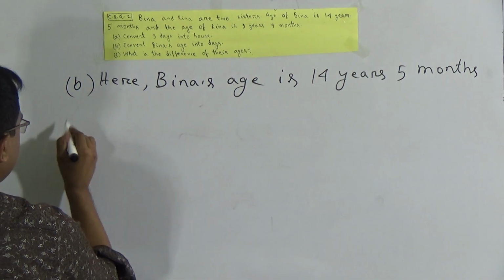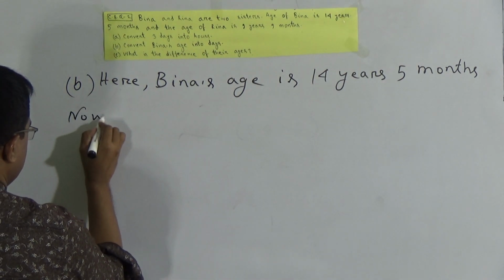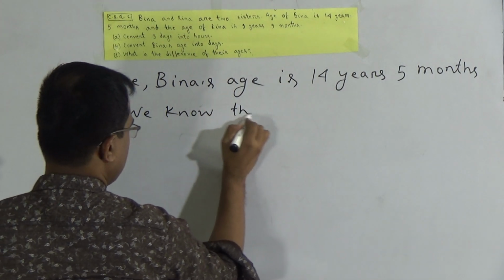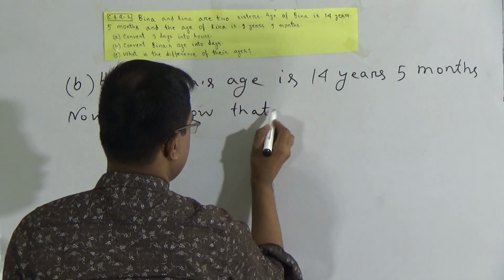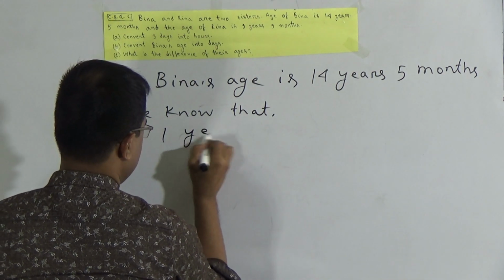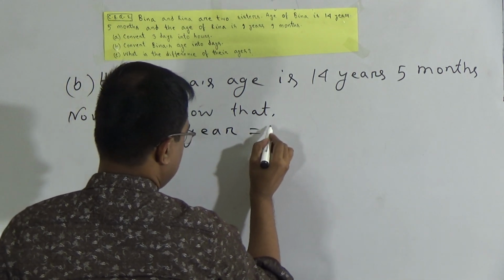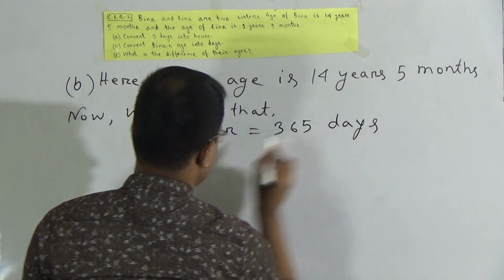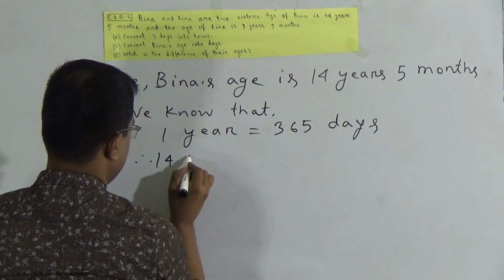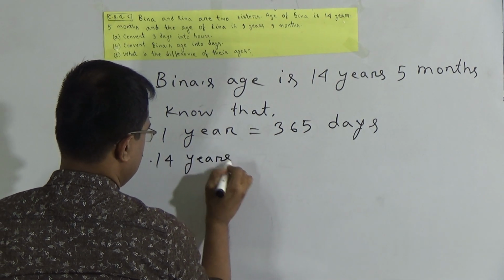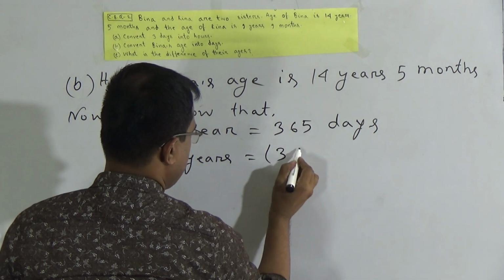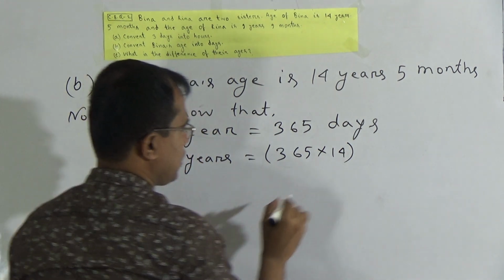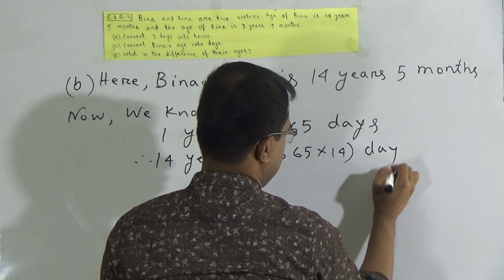Now we know that one year is equal to 365 days. Therefore, 14 years is equal to, it will be 14 times of 365. That means we have to multiply 365 by 14.